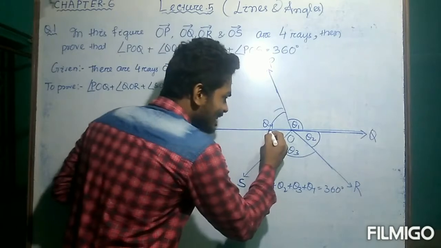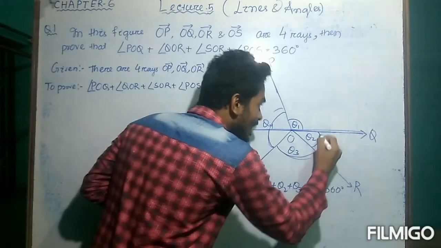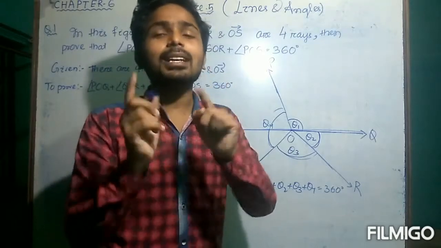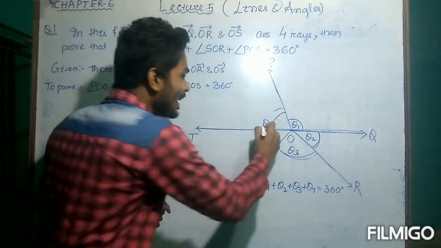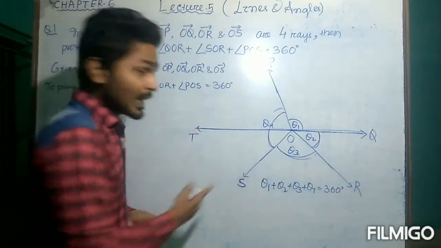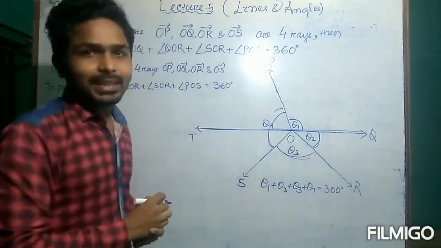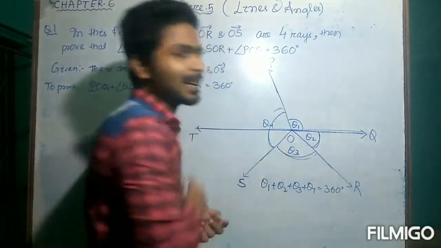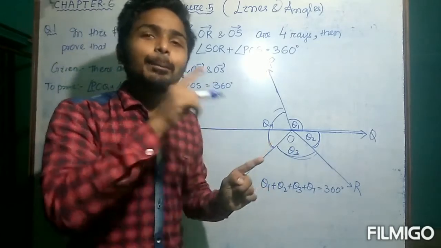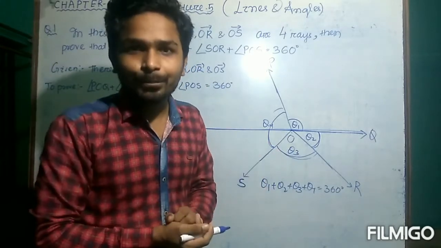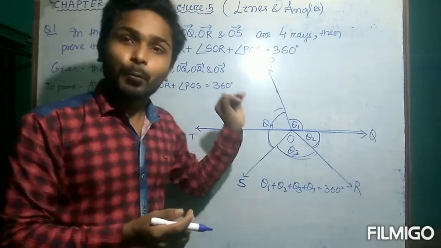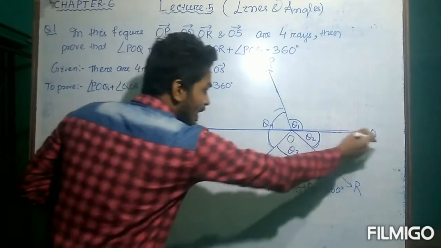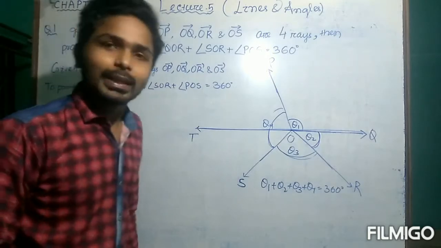That's why 3 angles are formed, this angle plus this angle plus this angle. So the sum of all these 3 angles is also equal to 180 degree. Here we get these 2 angles' sum is 180 degree. Here we get these 3 angles' sum is 180 degree. So all these 5 angles together are equal to 180 degree plus 180 degree, which is equal to 360 degree. Right? So in this way you can prove it. This is the only reason for which we have extended this ray OQ in this direction OT.